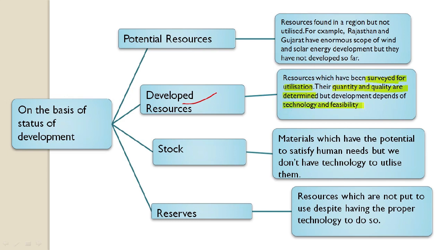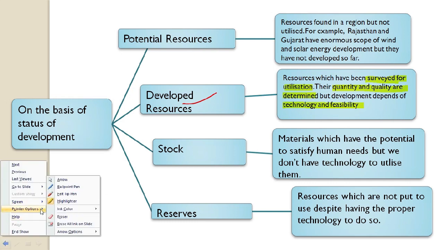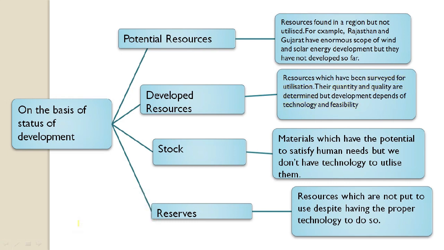This means that if we have the proper technology and there is a sound level of feasibility, only then these resources could be developed. Clear? Now again, here is a question. You need to refer to your textbook and find out some regions and examples of developed resources.